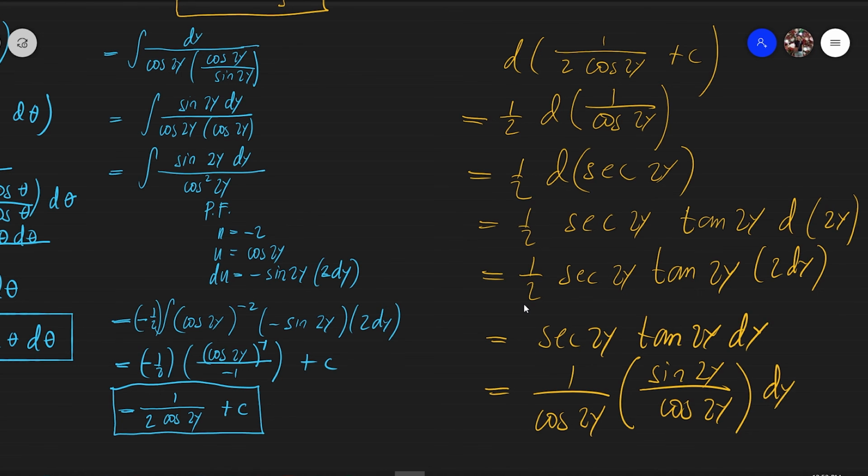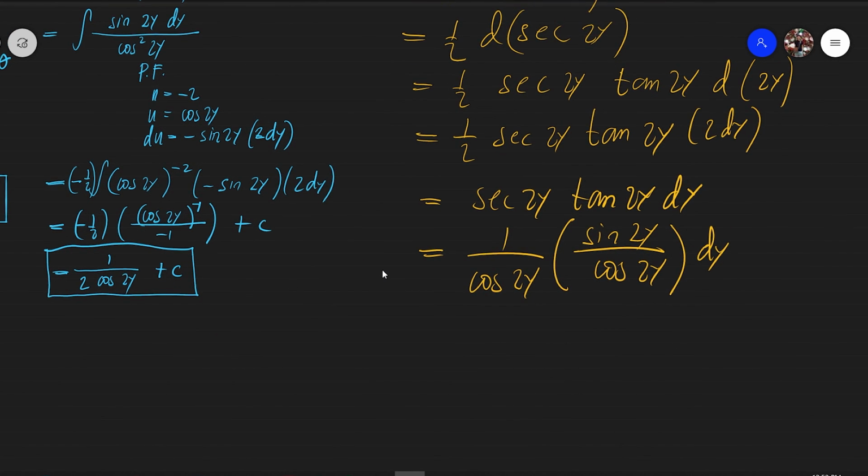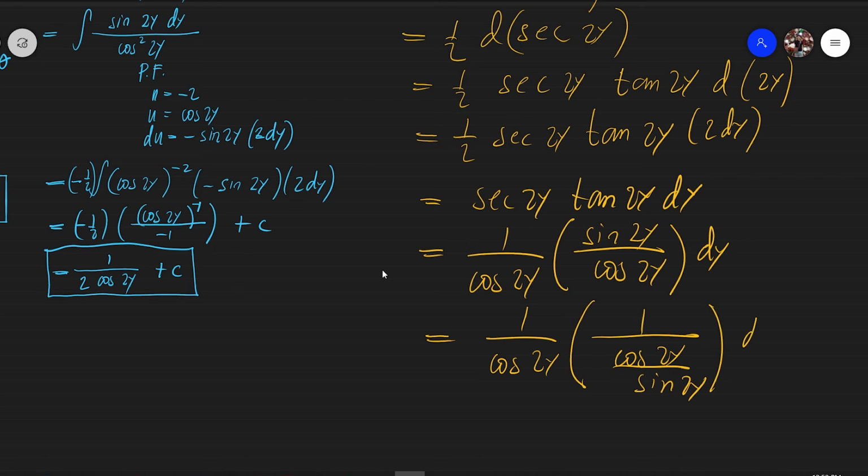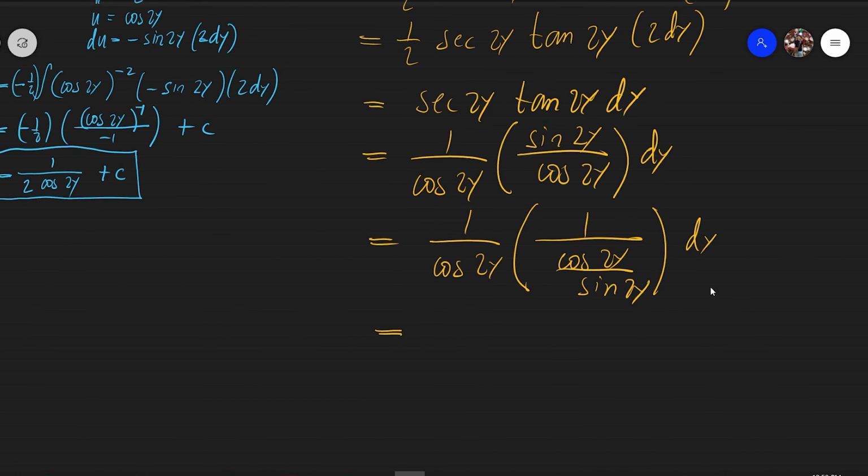And this is dy. You can write this as 1 over cosine 2y multiplied by sine 2y over cosine 2y, right? Yes, we did not violate any mathematical rule here. So this is correct. This is equal to 1 over cosine 2y, and your cosine 2y over sine 2y is cotangent.